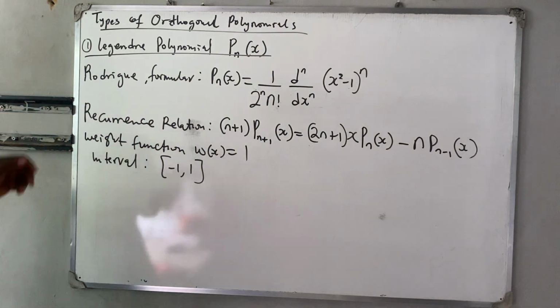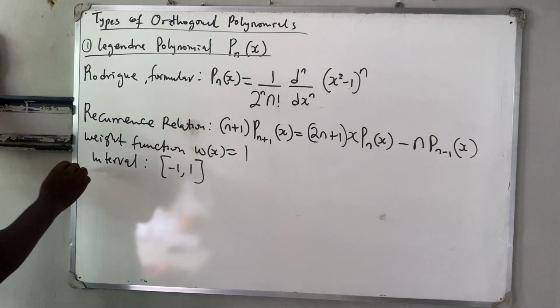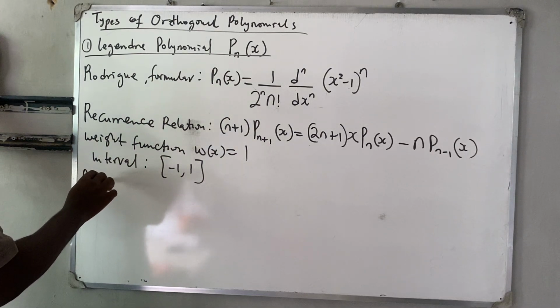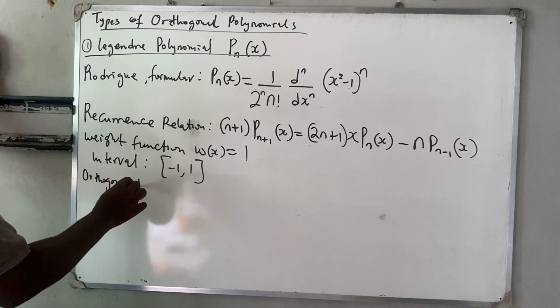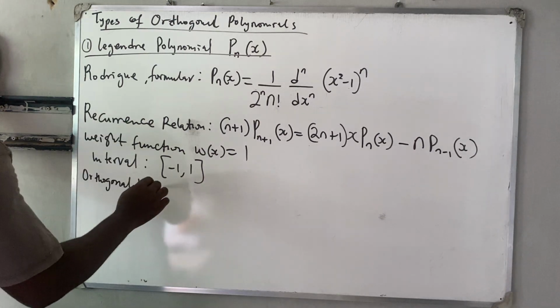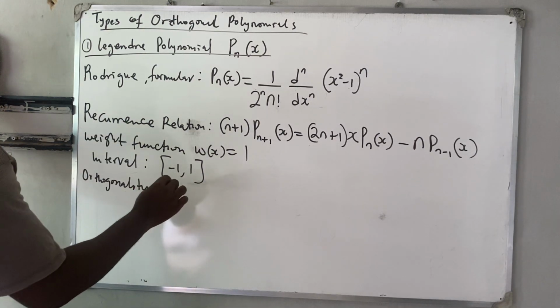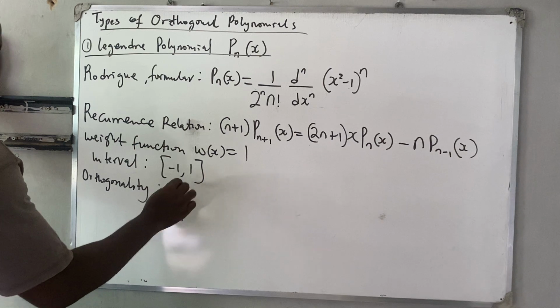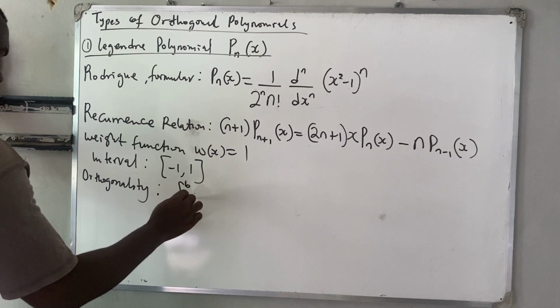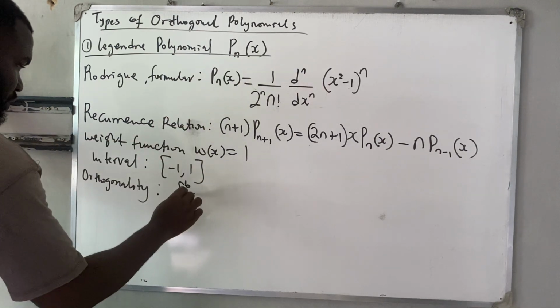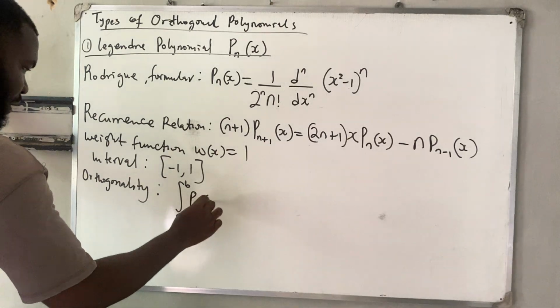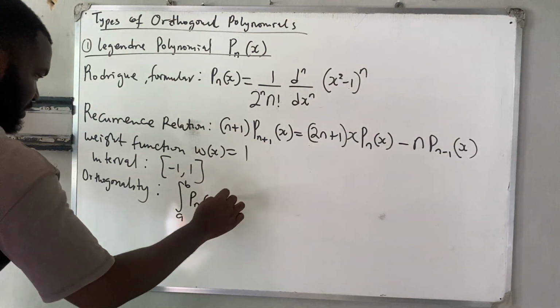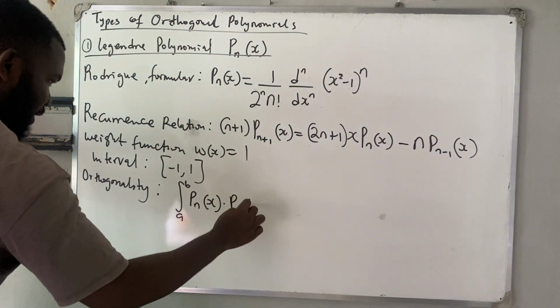This is 1, 2, 3, 4. The last one, 5, is the orthogonality of it. Don't forget the formula of orthogonality. The integral from a to b of P_n(x) multiplied by P_m(x).